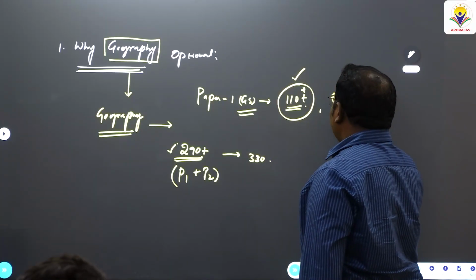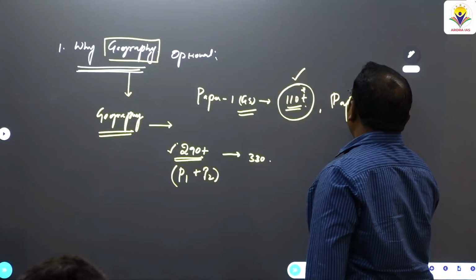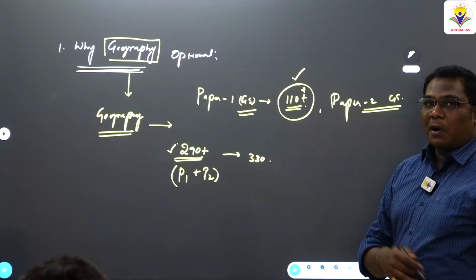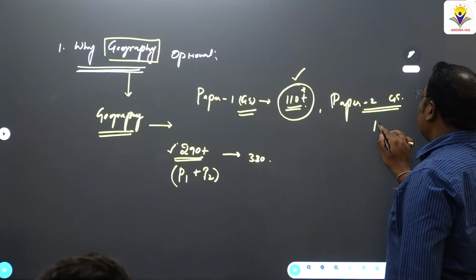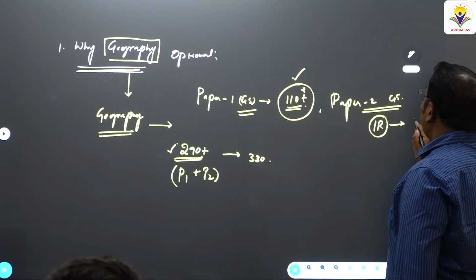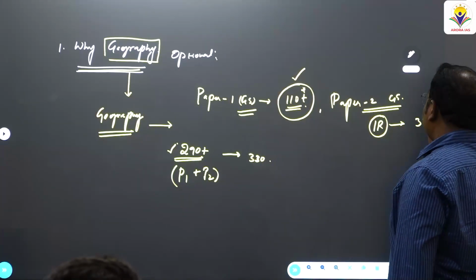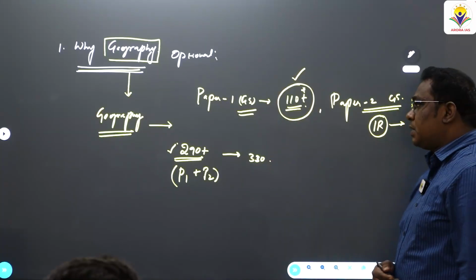And in paper 2 of general studies, along with polity, governance and social justice, we have international relations. Here there is an overlap of about 30 plus marks with the geography optional syllabus.